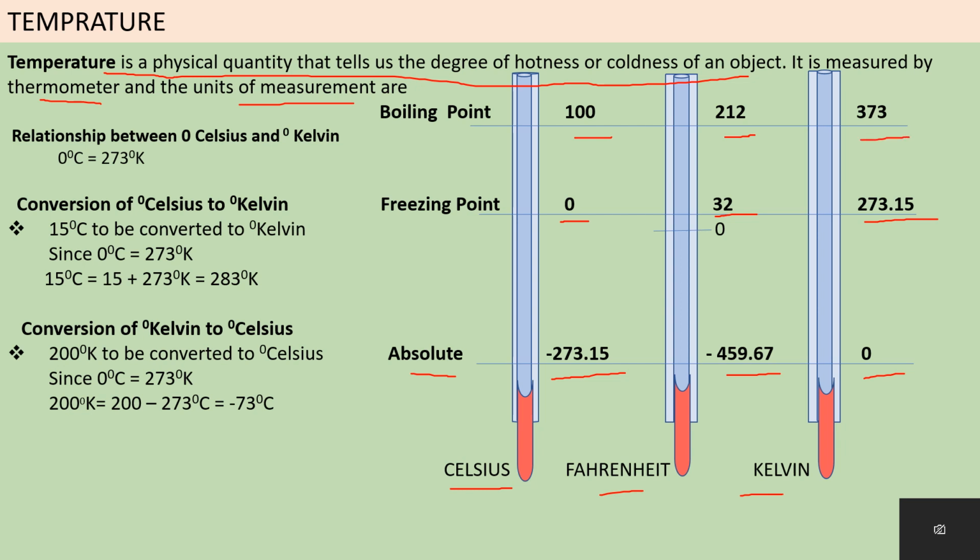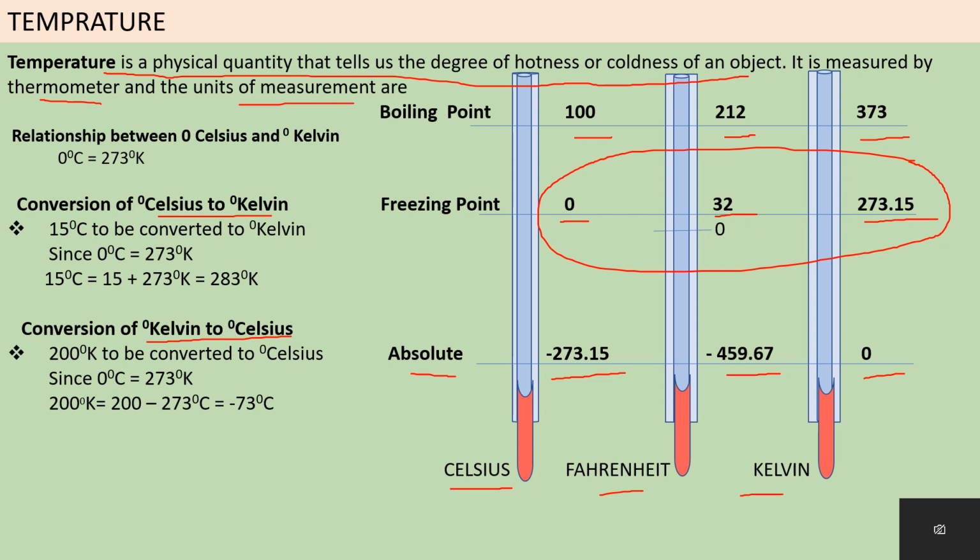You can see here 0 degree Celsius is equal to 273.15 degree Kelvin. So this relationship can be used for conversion of temperature of degree Celsius to Kelvin and degree Kelvin to Celsius.